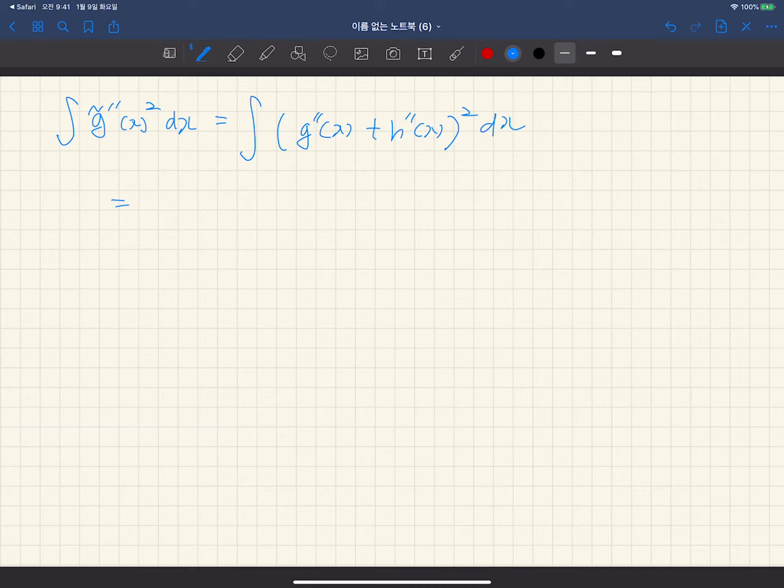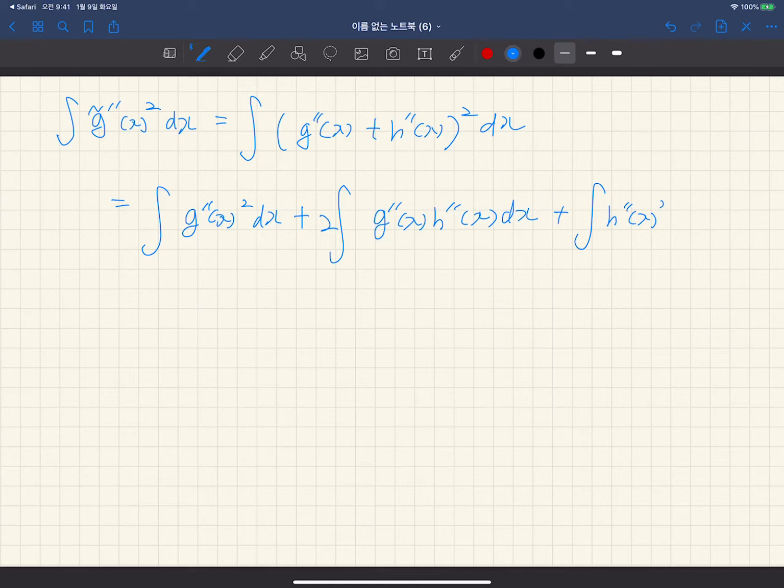This is equal to the integral of g double prime x squared dx plus 2 times the integral of g double prime x h double prime x dx plus the integral of h double prime x squared dx. And we know that this last term is always non-negative because it is an integral over a square function, a non-negative function.